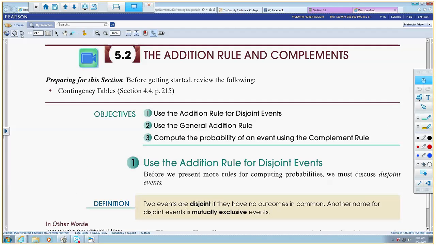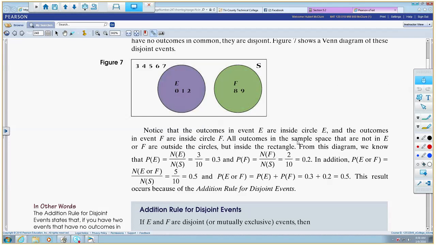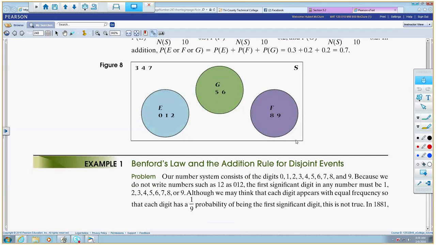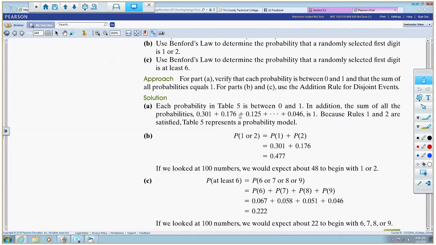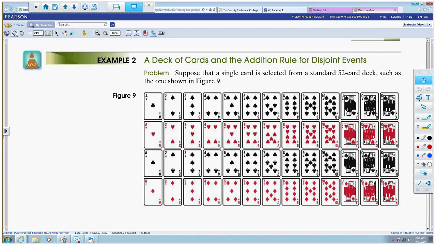The addition rule is usually signaled by the word or. Somewhere around here there should be a word. I hate this book. I wish we'd never switched.